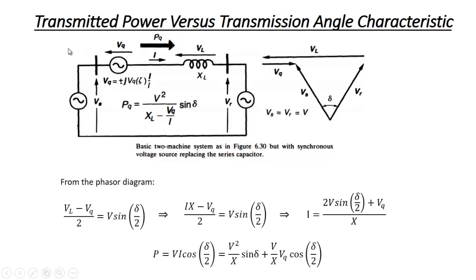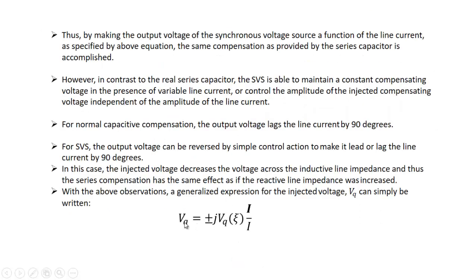Now let us see what will be the transmitted power versus transmission angle characteristics. This is the same SSSC, which is injecting a voltage in series with the line, and it is using minus at this point, VQ is equal to minus j VQ I divided by |I|. I is the phasor, |I| is the magnitude of this phasor.